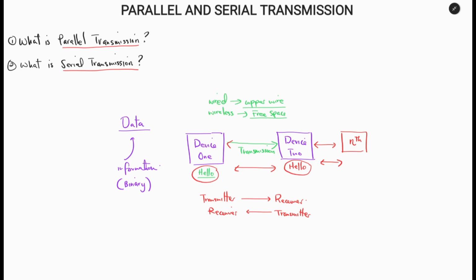And when we say parallel transmission, we have multiple outputs and multiple inputs of a transmitter and a receiver respectively. That means information is sent from one device to another device via multiple lines.